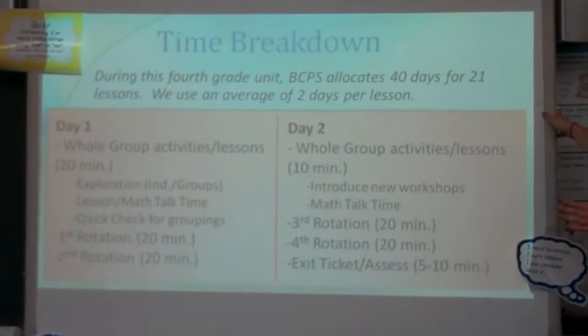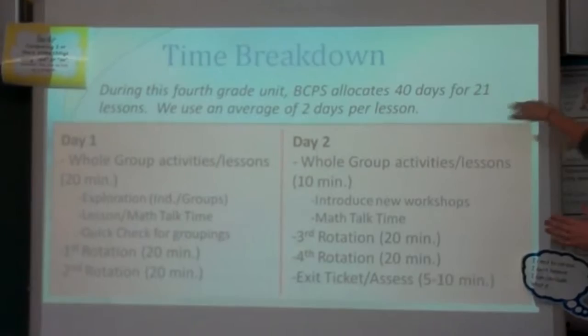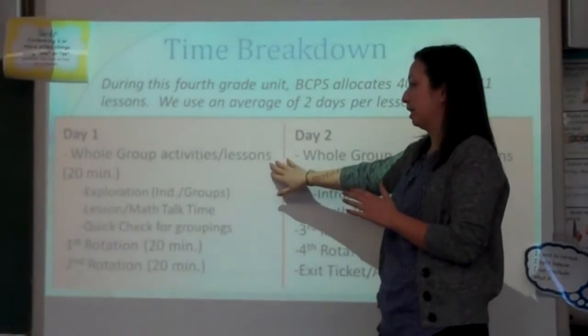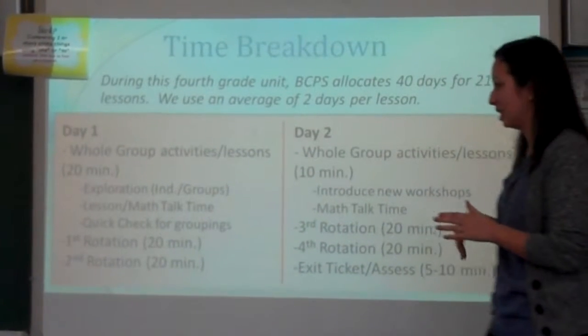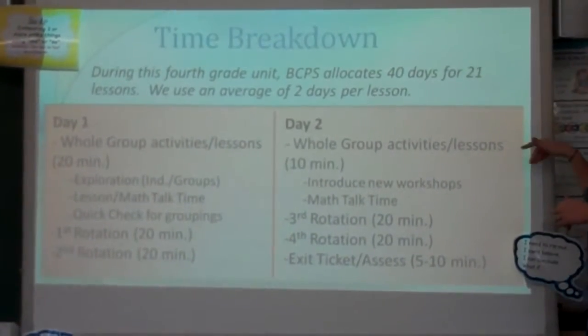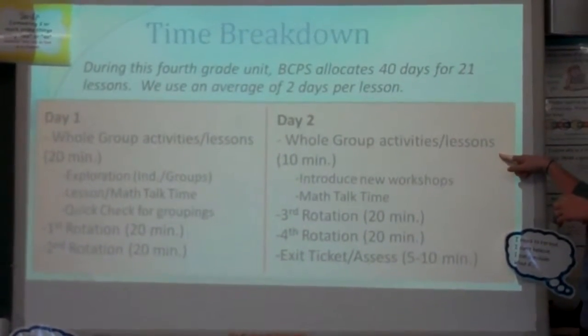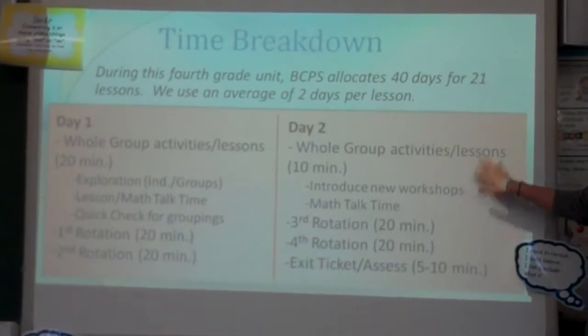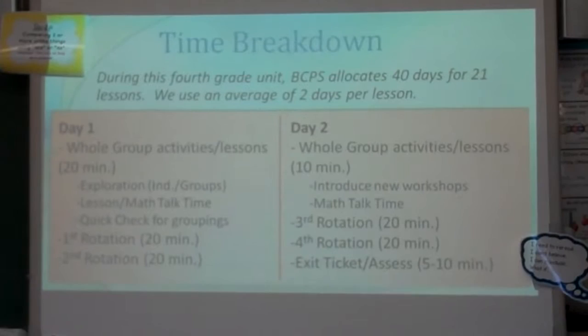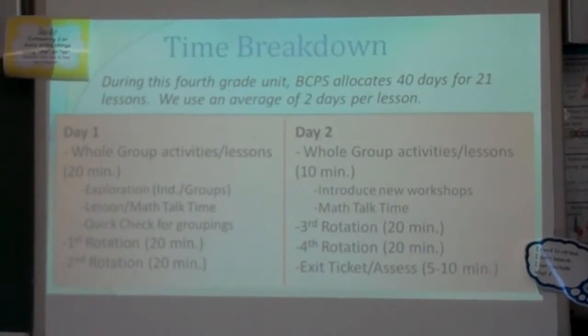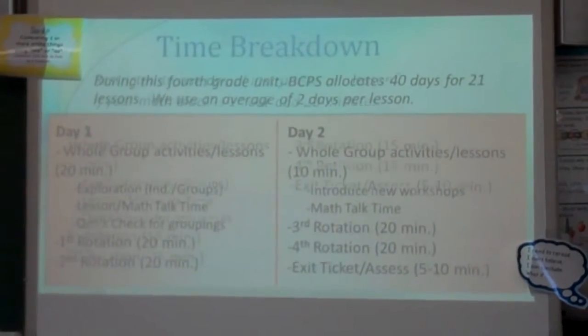Some units it's not this pretty. So originally we'll start with the mini lesson, then go into 2 rotations. I'll gauge the kids during the rotations. The next day we do a really short warm-up, a lot of math talk time because it's quick, and then 3rd and 4th rotations happen, and exit tickets and assessment. So that's perfect when it works out like that.